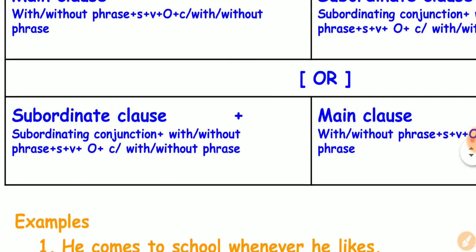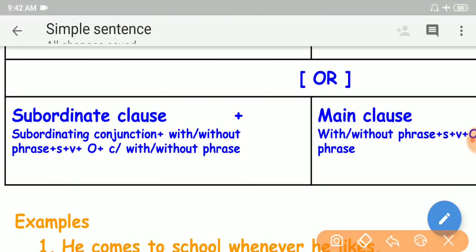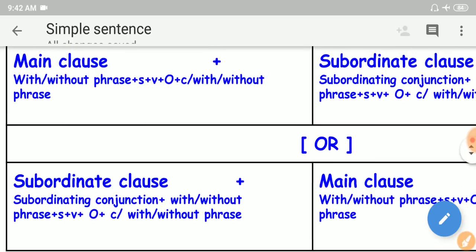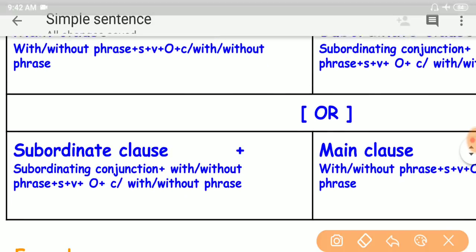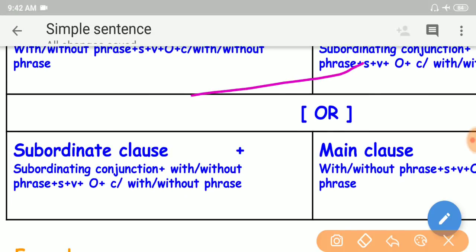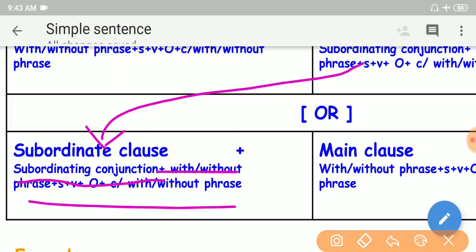At the same time, see, in a complex sentence, a subordinate clause can be placed in the beginning of the sentence. See here, subordinate conjunction with the clause, or at the same time you can place it at the end. But when you begin with a subordinate conjunction, or when you place the subordinate clause in the beginning of a sentence, you must put a comma at the end.